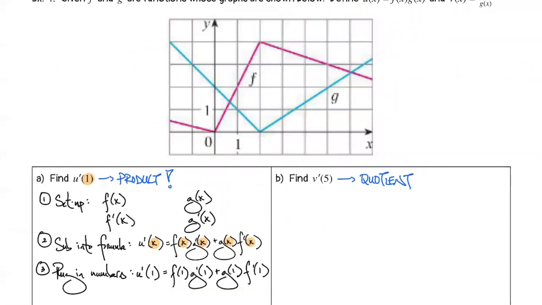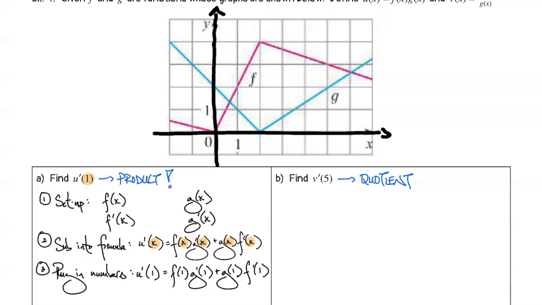Okay. Now, I bet folks can tell me what we have for f of 1. But what can we say f of 1 is? Yeah, f of 1. So f is the pink curve.